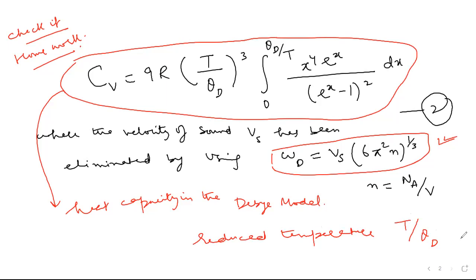So if we plot CV from equation 2 versus reduced temperature T over theta D, then we obtain the same curve for all substances. That is, there is a universal curve for heat capacity, right?